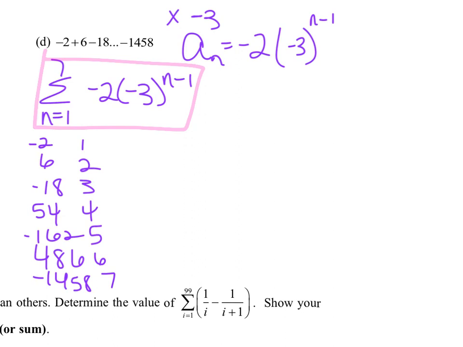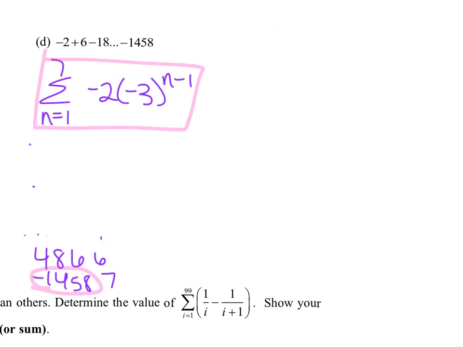But for the rest of you, I'm going to show how you algebraically figure out that -1458 is the 7th term. Okay, so I'm going to plug that -1458 into the left side. And the right side should stay the same.